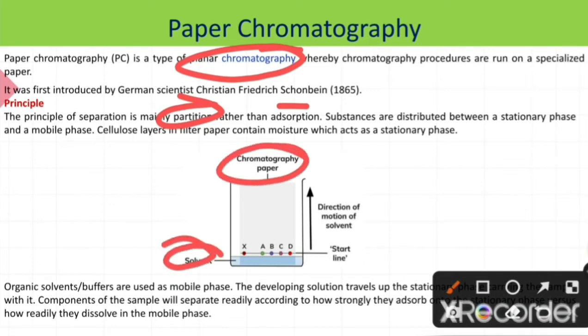The sample will move from bottom to top through the mobile phase based on partition, and the components of the mixture will separate out, and at the end we will get the separated molecules based on the RF value.